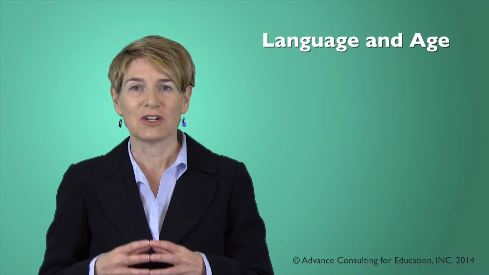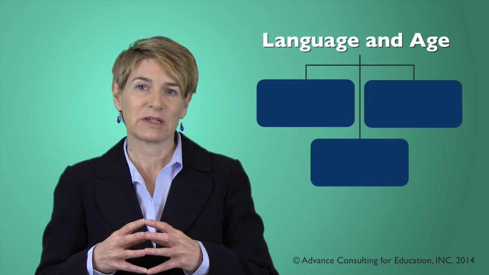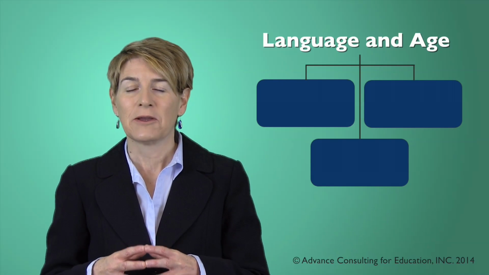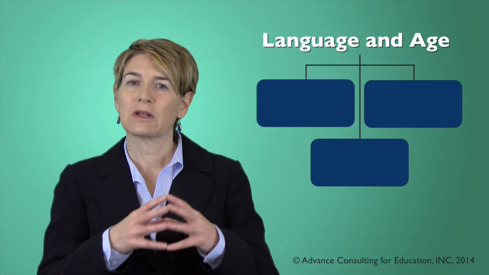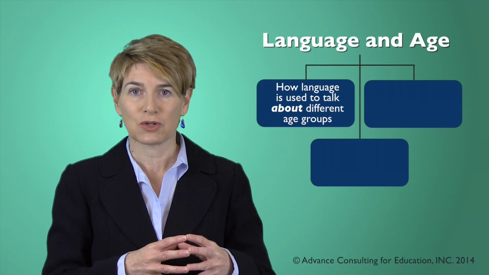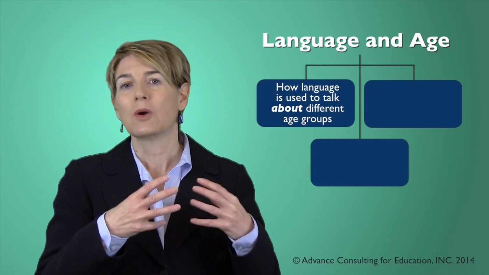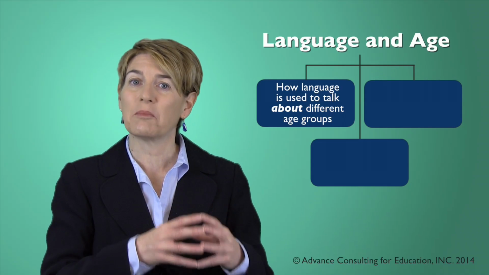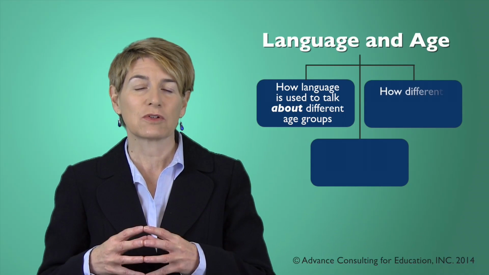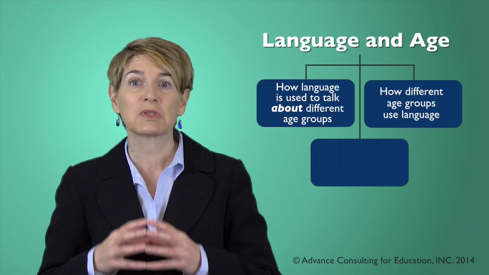With language and age, there are three main approaches we can take when we're analyzing how language and age interact. The first one is we can look at the language that is used to talk about a particular age group. Those four categories, what language do we use to talk about them? Then there is the category of the language that those groups actually use themselves.